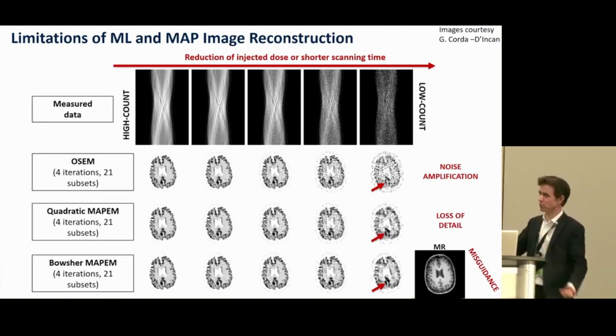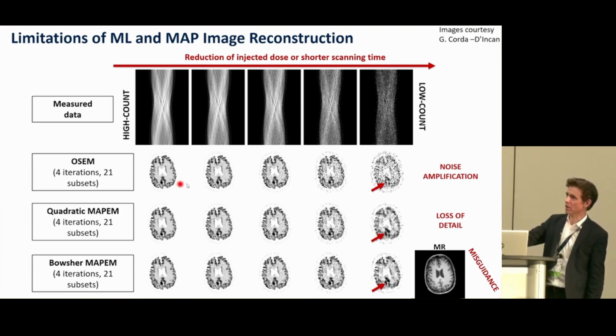If we revisit where we were before, we were saying that MLEM for low count data gives higher and higher noise. If we just do a quadratic penalized MAP-EM, then we over-smooth and we lose detail. If we start to use MR guidance in the form of Bowsher, then the kind of thing that can happen here is that we end up with misguidance.